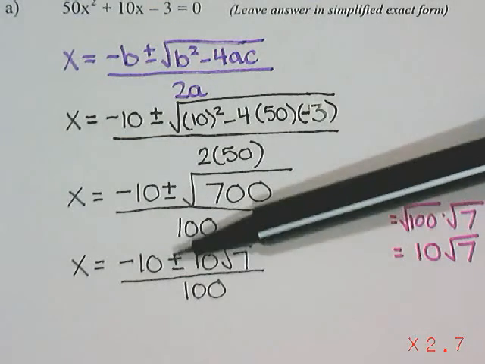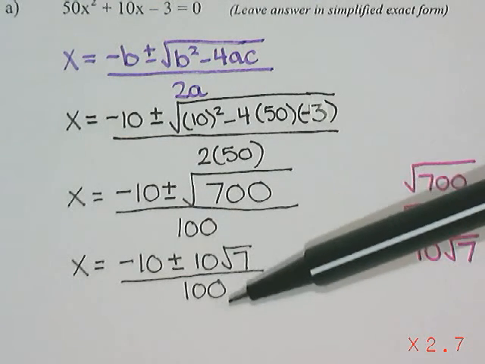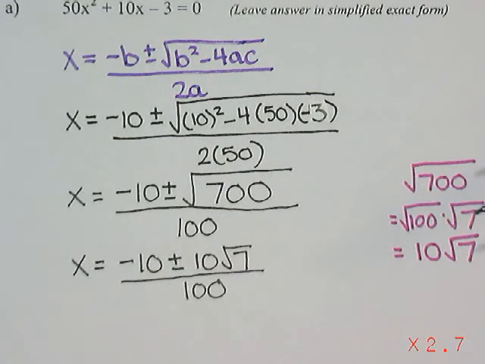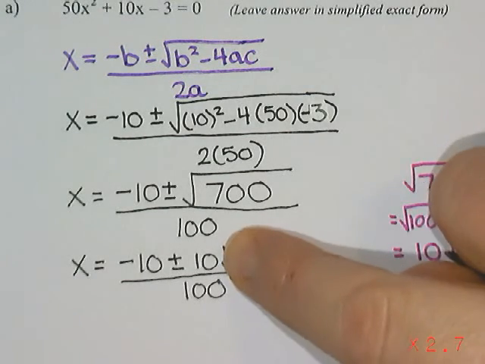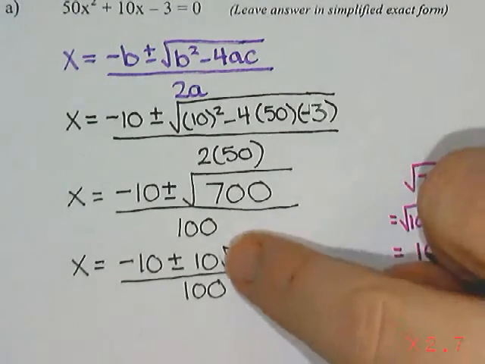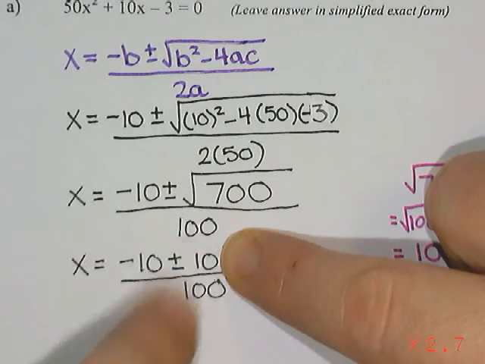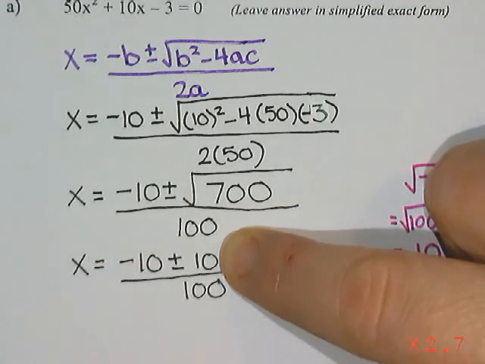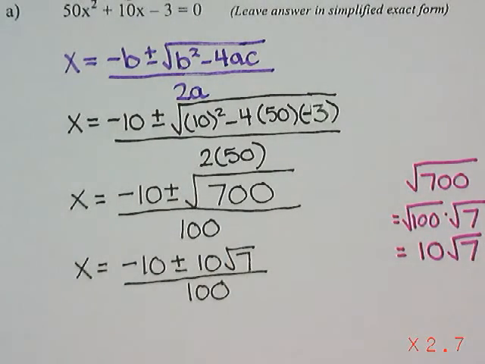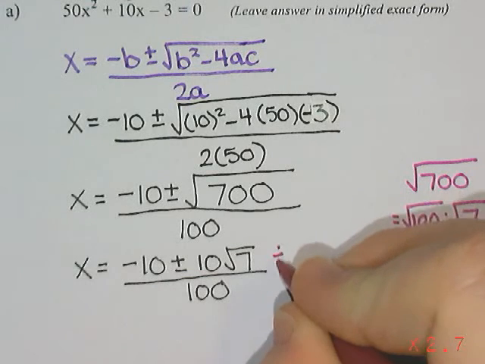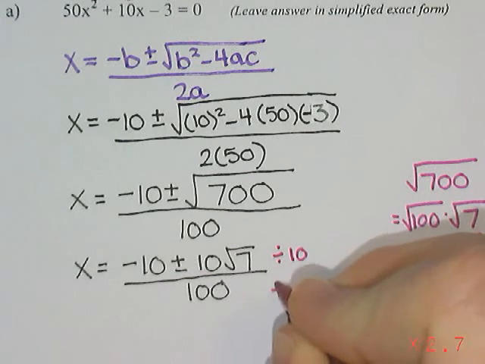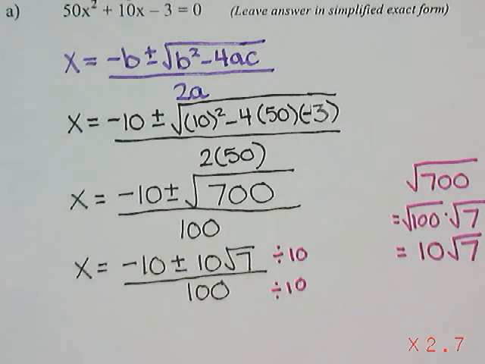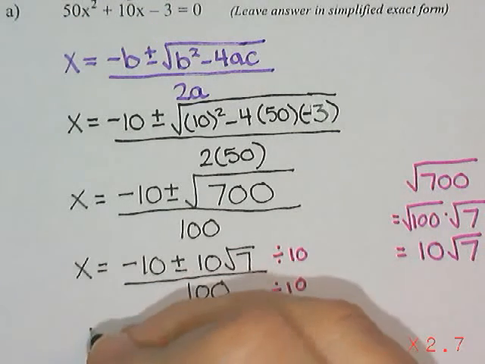So what I can do is divide the numerator and the denominator by 10 in order to reduce. Really, what I would usually do is ignore the root, because we treat that like a variable, and then look at my coefficients and my number on the bottom and see if they have anything in common. And they do all divide by 10.